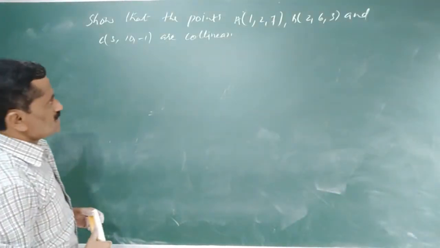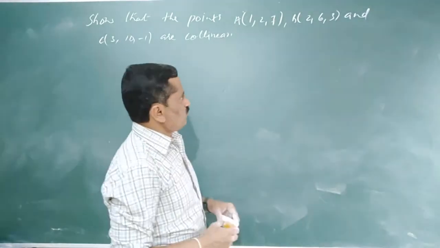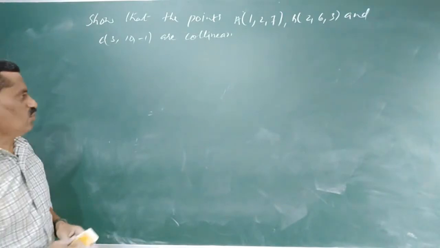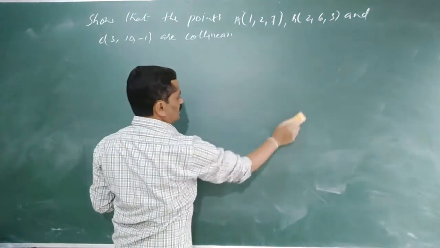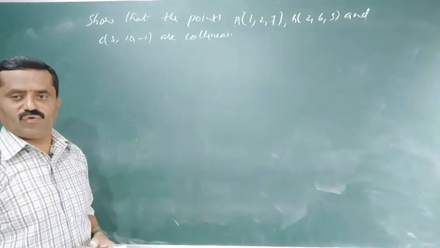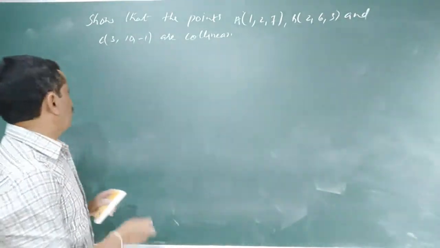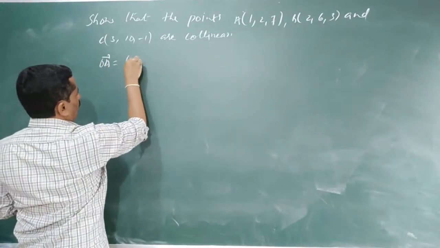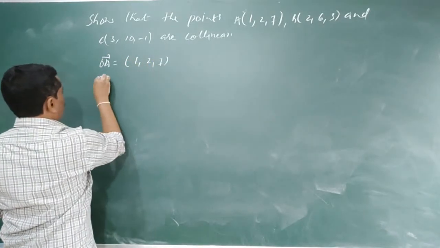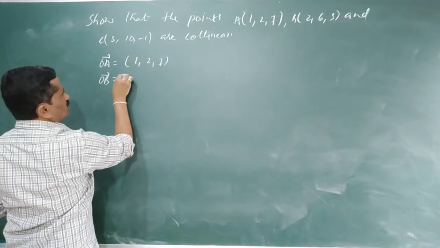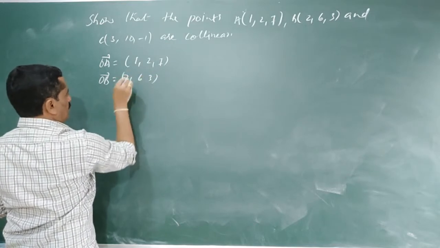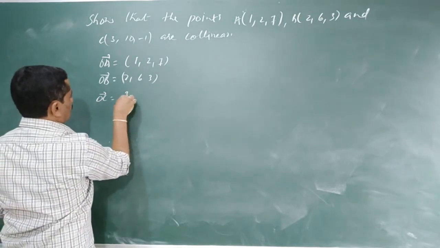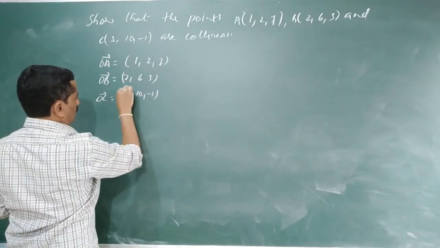Next, show that the points A of 1, 2, 7, B of 2, 6, 3 and C of 3, 10, minus 1 are collinear. Here he has given 3 points, so we have to convert them into what? Vectors. So therefore given OA bar is equal to 1, 2, 7, OB bar is equal to 2, 6, 3 and OC bar is equal to 3, 10, minus 1.